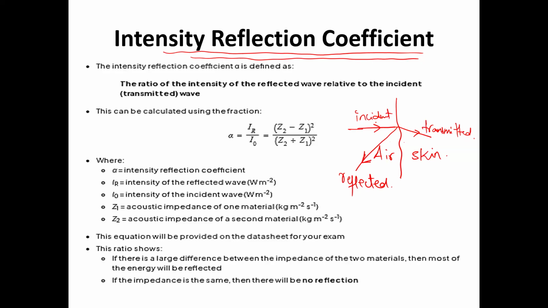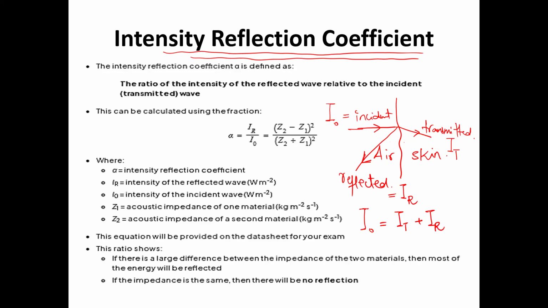The intensity with which the ultrasound waves are incident, let's say this intensity is called I naught. The intensity of the transmitted ones is called IT, and the ones which are getting back into the medium, their intensity is called IR. So the total incident intensity is equal to IT plus IR.